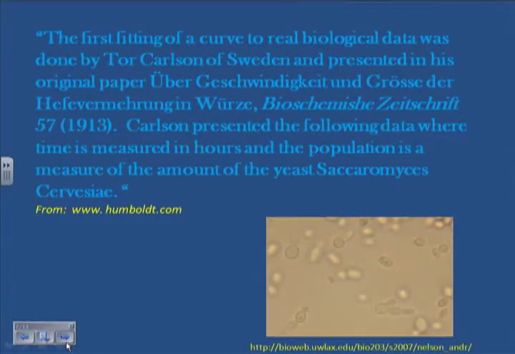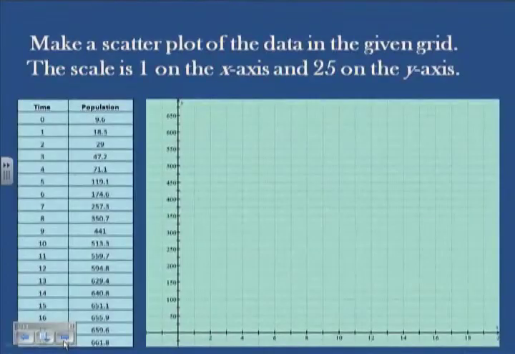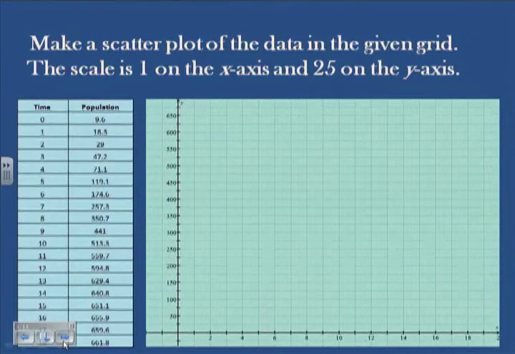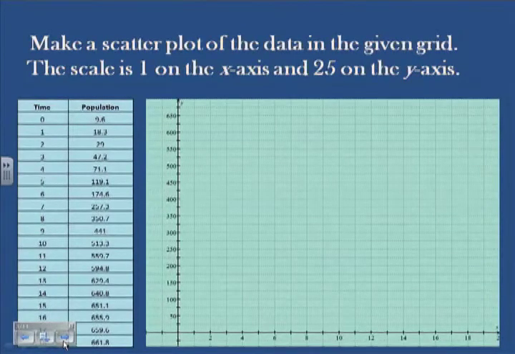And I did get you a picture of what might be yeast. But Tor's looking at something like this under his microscope, and he's counting. And he makes this table of data that at time 0 he has a population of 9.6. Not sure how Tor got that, but this is his data, so we're going to work with Tor's data.